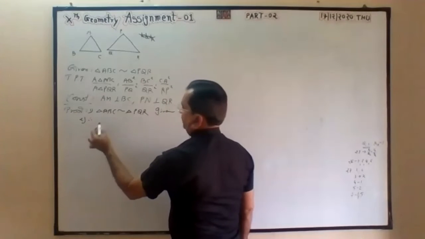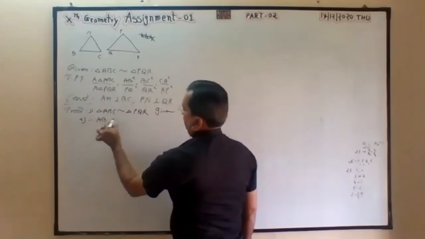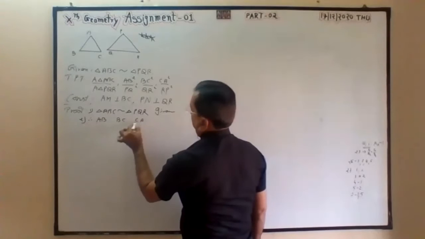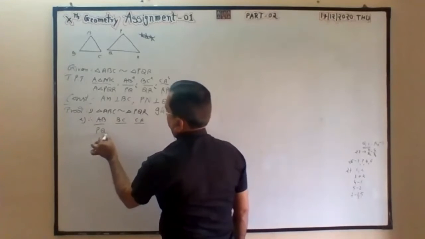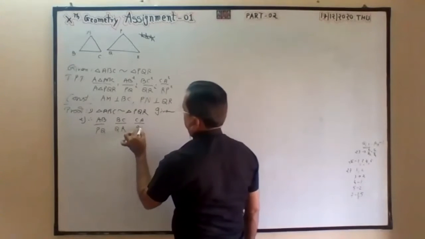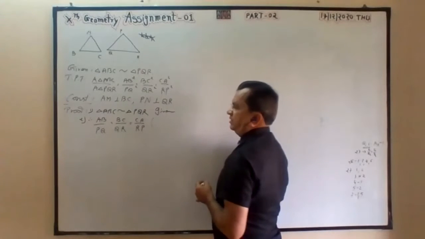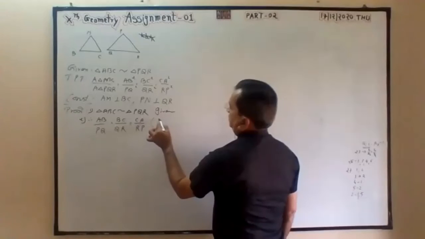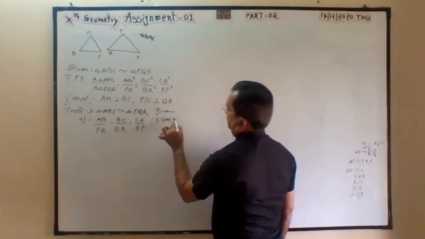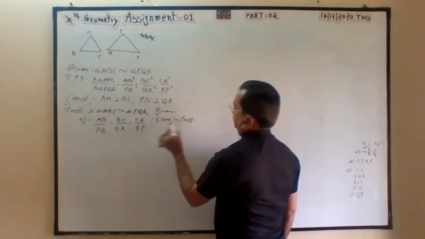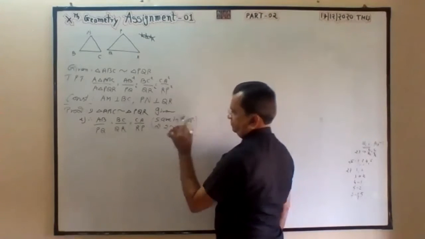Second, therefore sides are in proportion: AB, BC, CA over PQ, QR, RP. Sides are in proportion for two similar triangles.